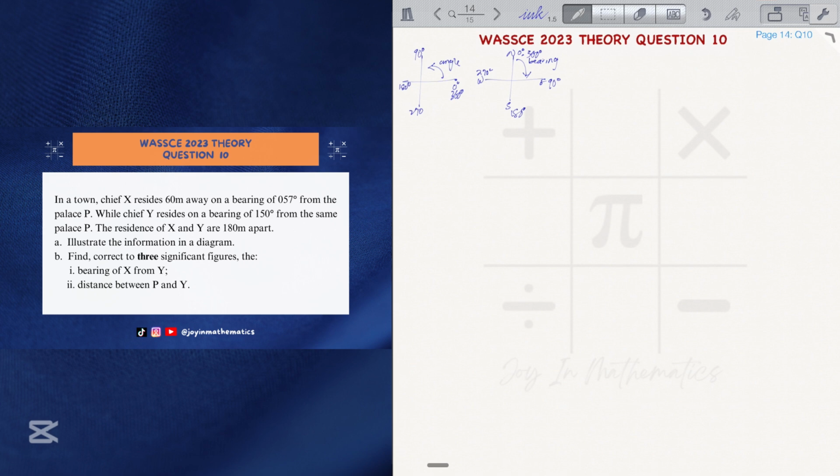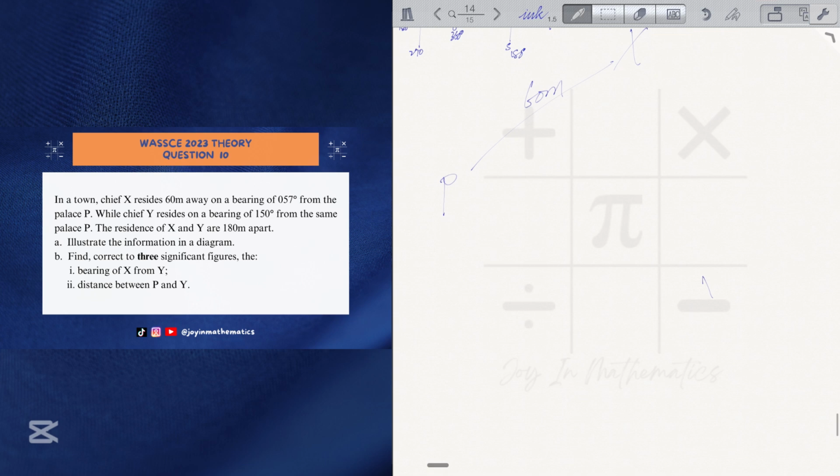All right, now what we are saying is that there is a palace P, there's Chief X here, the distance between Chief X and the palace is 60 meters, and there's Chief Y here, and the distance there is unknown, and the distance between X and Y is 180 meters.